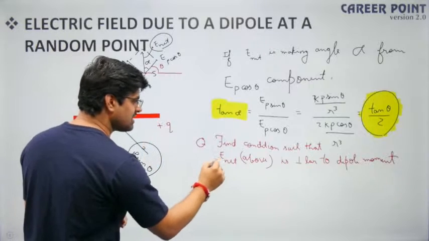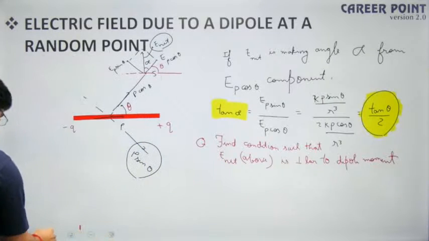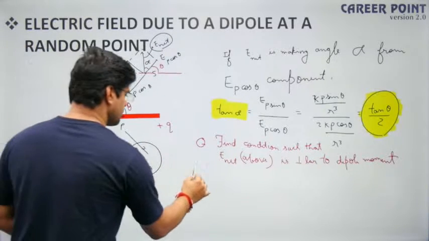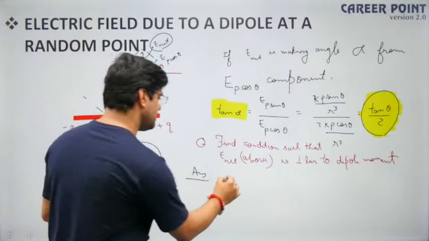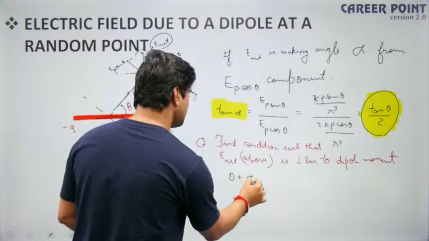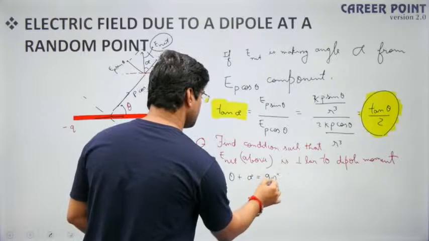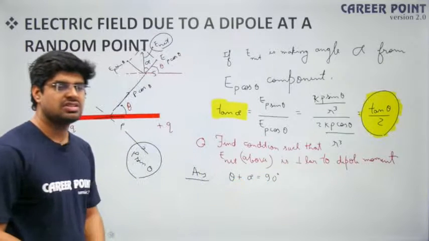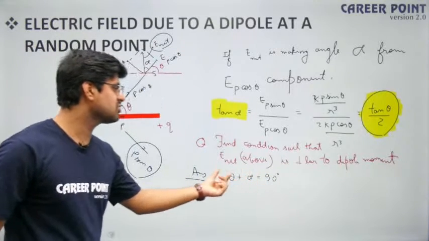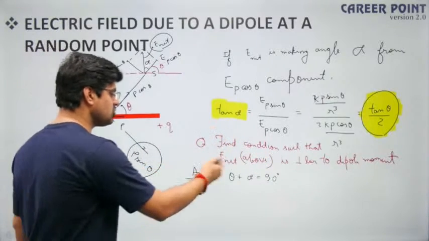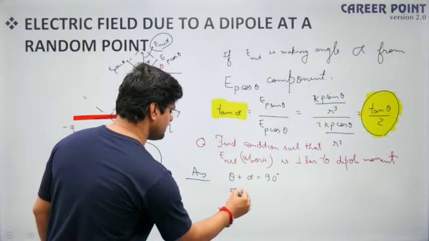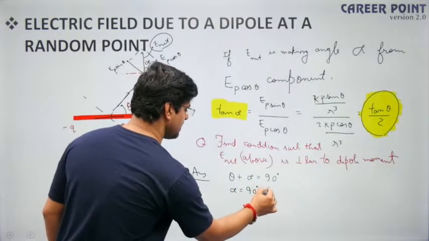So if E net is perpendicular to horizontal, we can directly say that theta plus alpha must be equal to 90 degrees. Do you agree? Theta plus alpha must be equal to 90 degrees for satisfying this condition. Do you agree or not? If this is so, we can say alpha is equal to 90 degrees minus theta.